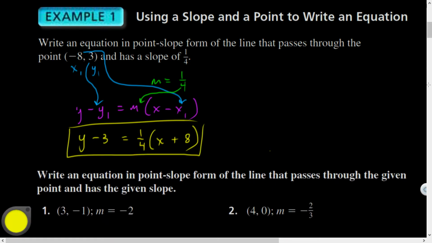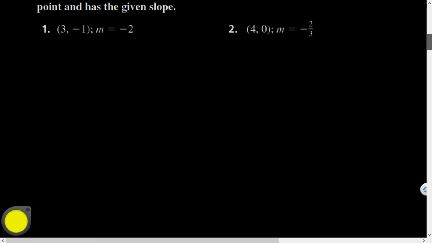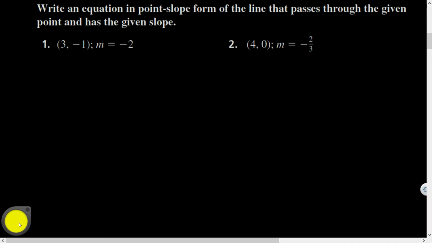So we're just going to plug in m and x1, y1. They didn't ask us to graph it, I don't think. Oh, I think I gave it to you in case you wanted. So guys, here we've got our m.